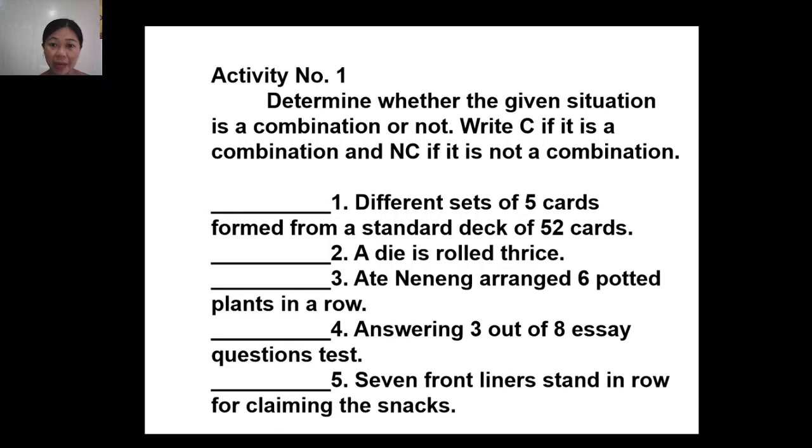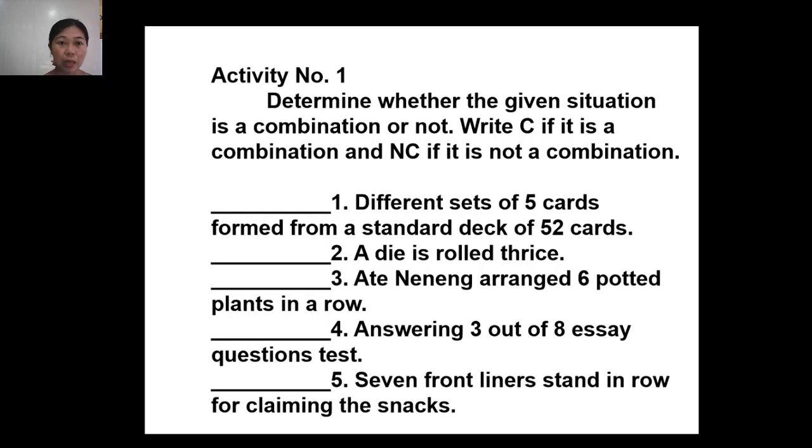Again, if arrangement is not important, you just select, you just choose, meaning the situation is a combination. But if arrangement is important, the situation is not a combination. That will be your basis on how to answer activity number 1 correctly. So you just read each situation and analyze so that you will answer this correctly.